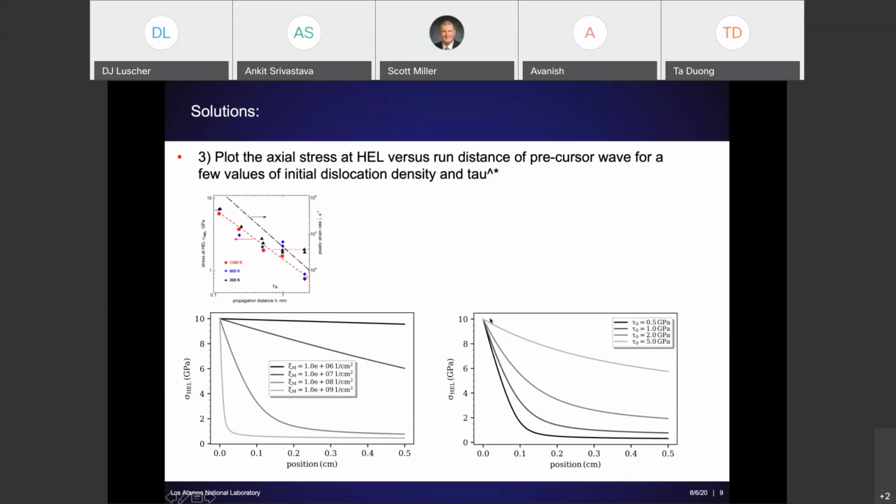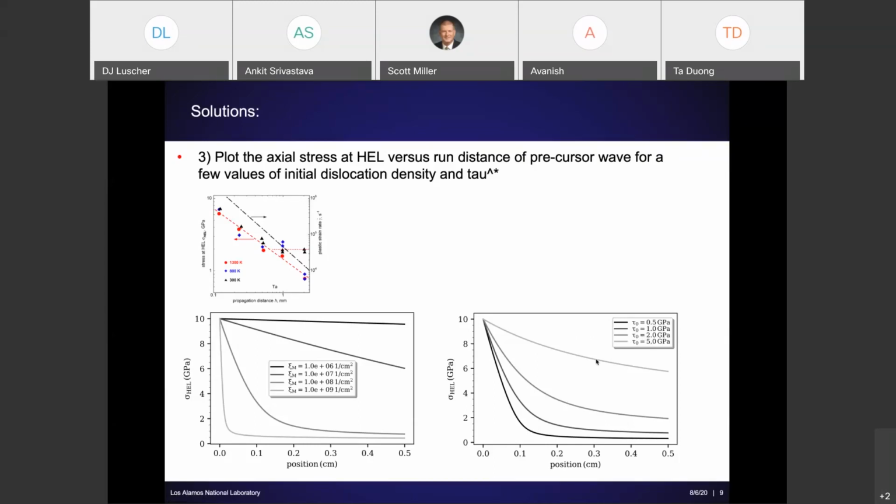On the other hand, at a fixed dislocation density, and I fixed the dislocation density here at 10 to the 8th per square centimeter, if we increase the value of that drag stress parameter, tau 0, then we decrease the rate of that decay.